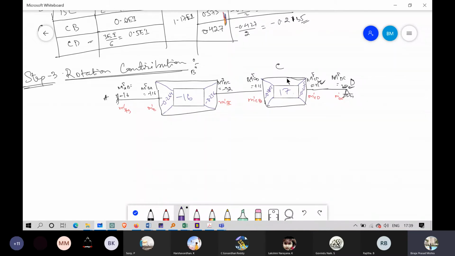Okay, so what will be the next step? The next step will be the different cycles.